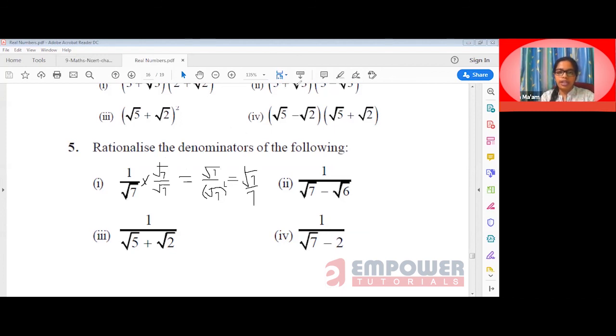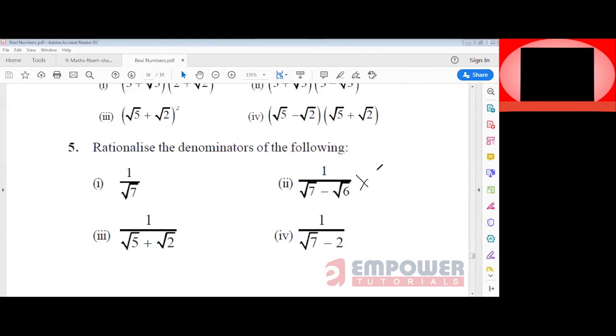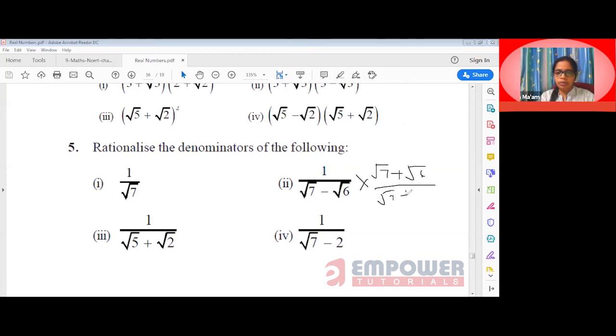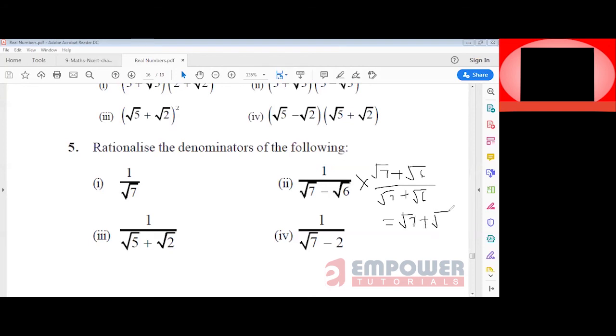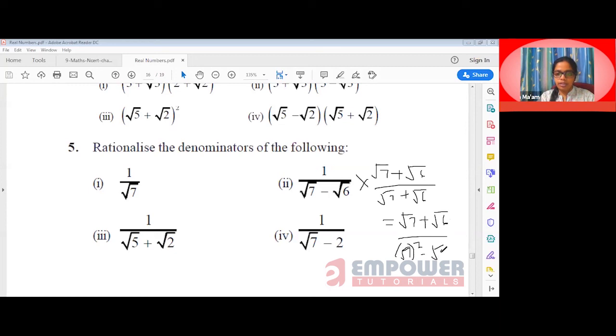Okay. The next one. Into root 7 plus root 6 upon root 7 plus root 6. Very good. So this will be equal to root 7 plus root 6 upon root 7 square minus root 6 square.